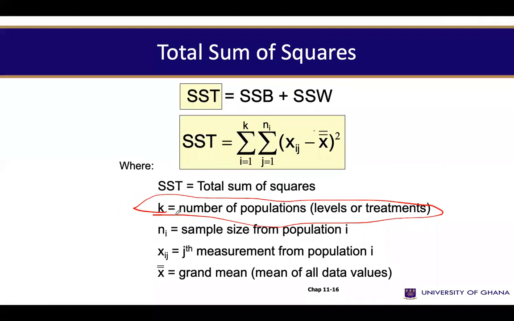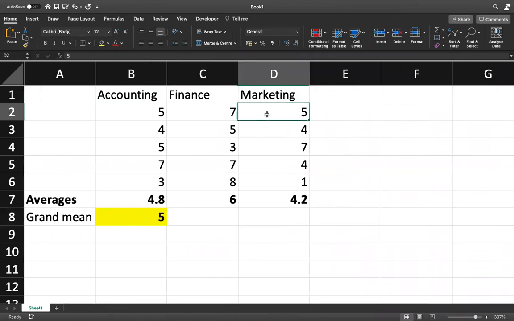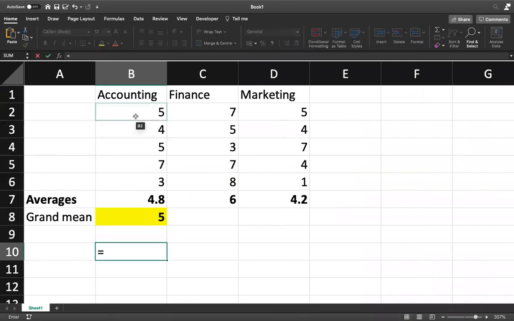Now the total sum of squares measures how each of the individual values vary from the grand mean. Basically, it's like this number minus this number. Of course, I would lock that one, then I square it.